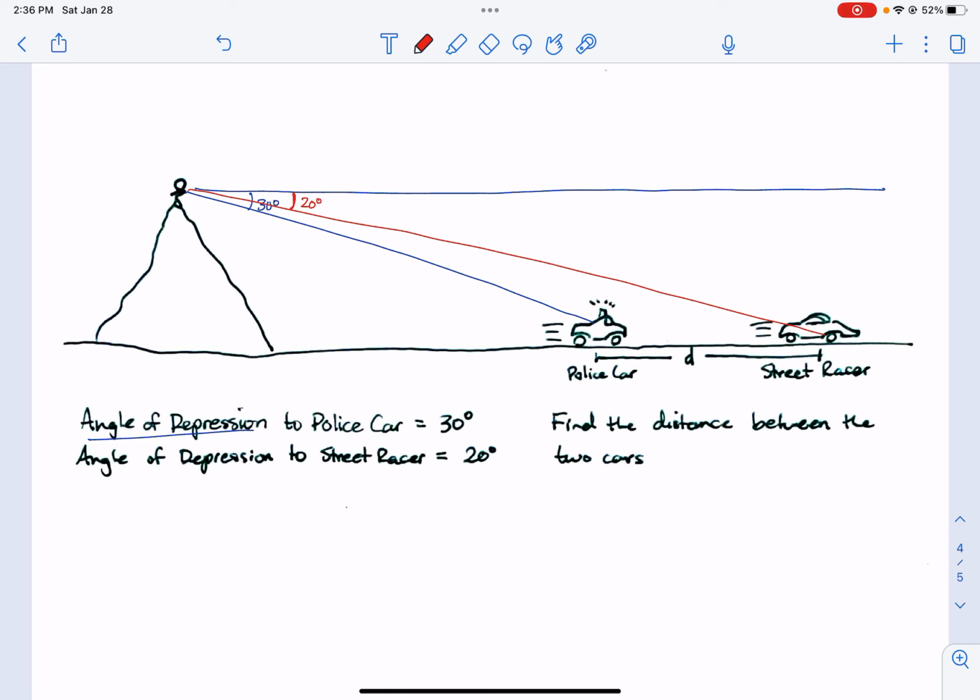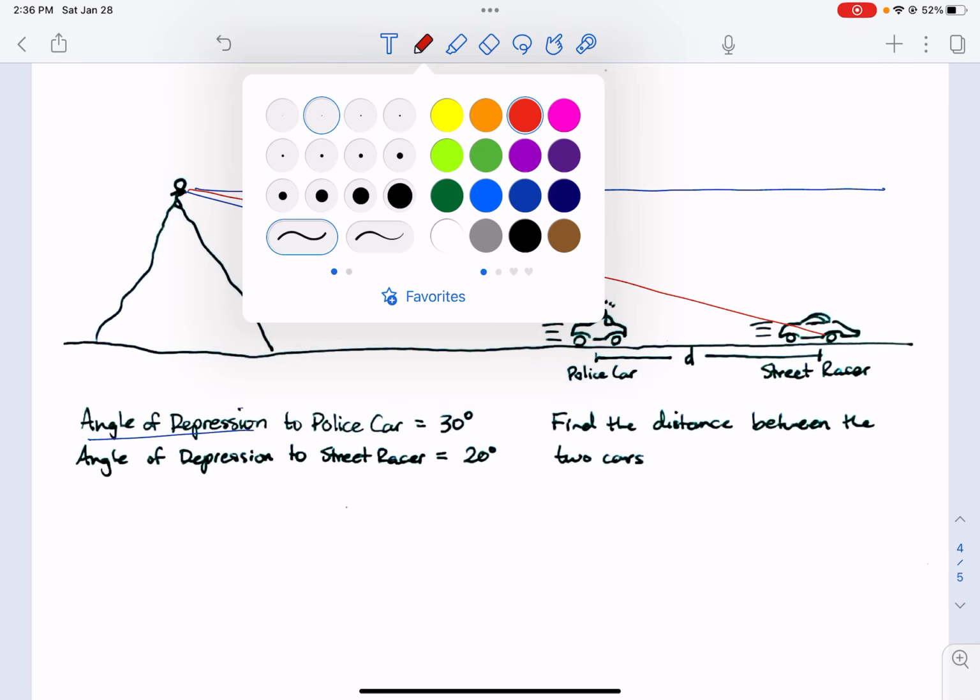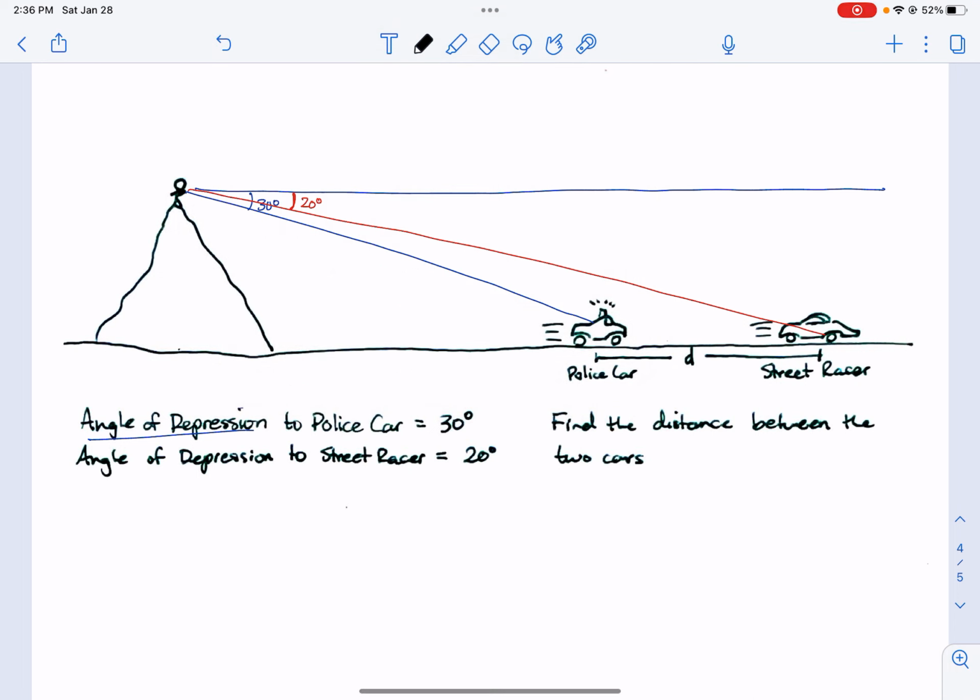And there's actually something missing here that I should have included. In order to solve anything here, I actually do need to know the height of the mountain, which I think I intended to put in. Looks like I forgot. Let's say that this mountain is, let's not make it too high, maybe, let's make it about 3,000 feet. All right.